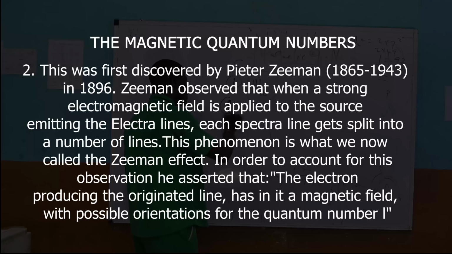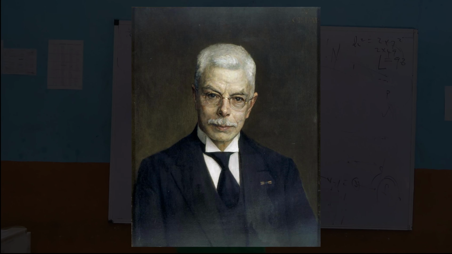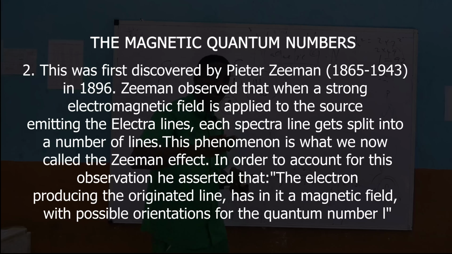Point number two, this particular quantum number was first discovered by Peter Zeeman in the year 1896. He discovered from his experiment that when a strong electromagnetic field is applied to a source that is emitting spectral lines, each of the spectral lines gets split into a number of lines.